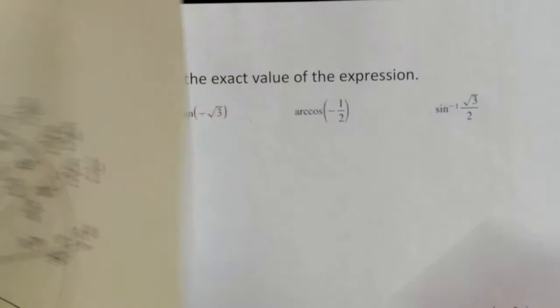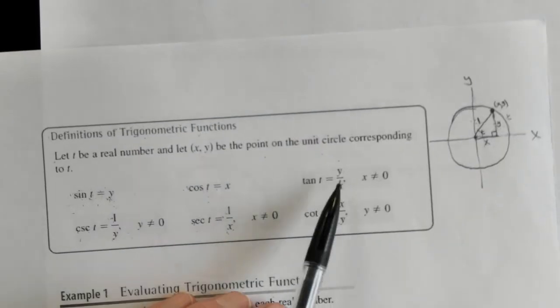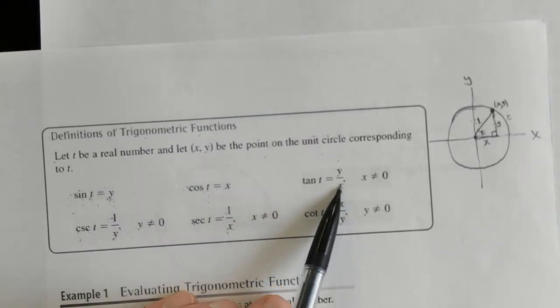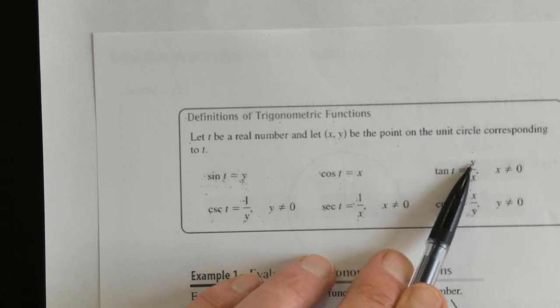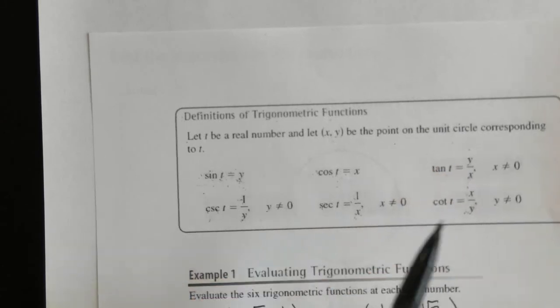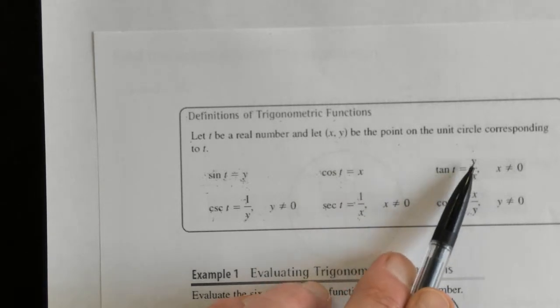All right, now here's the other thing. Remember, tangent is y over x. So I really want my square root of 3 to end up in the numerator, not the denominator, because there's a square root of 3 there in the numerator. So I'm looking for an angle whose point has a square root of 3 in its y value.